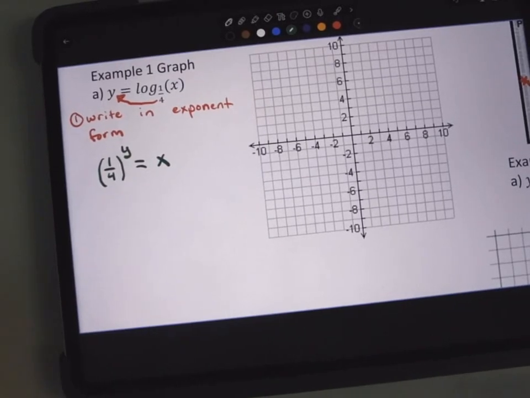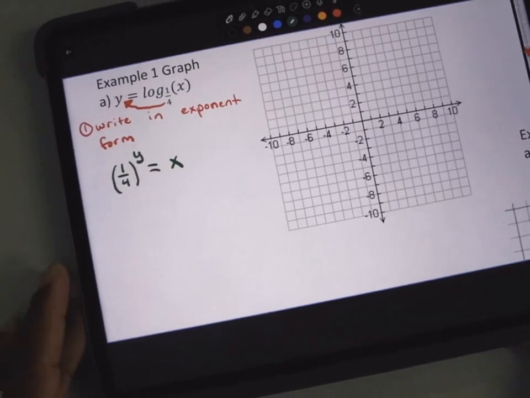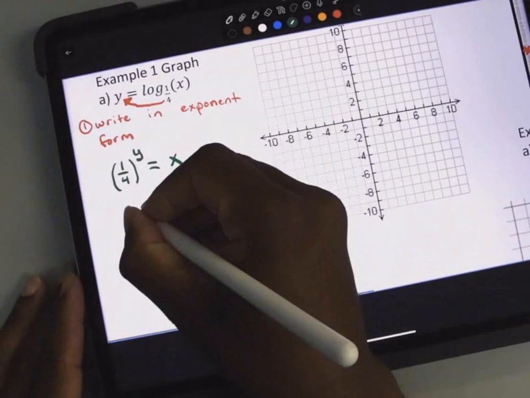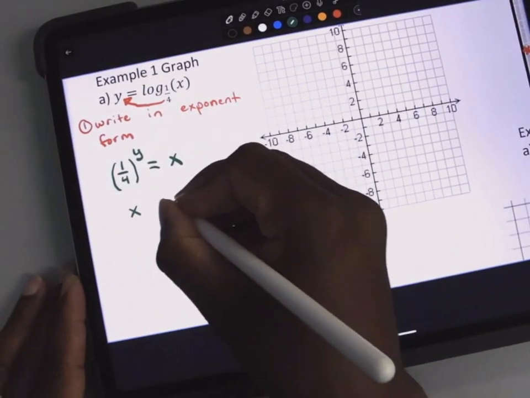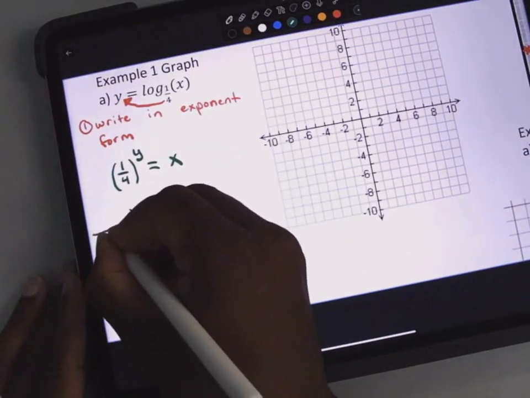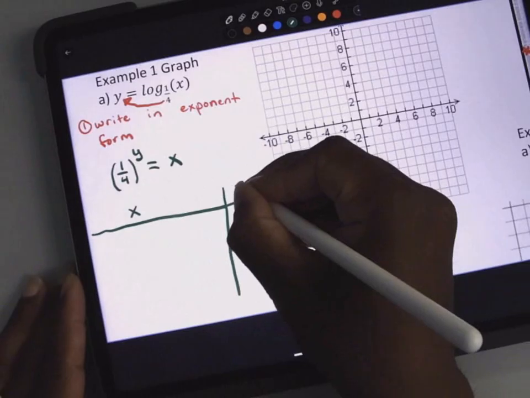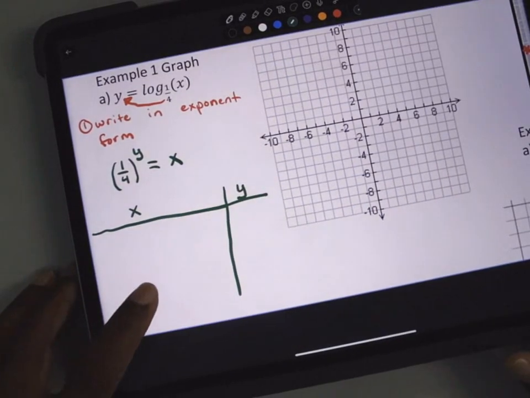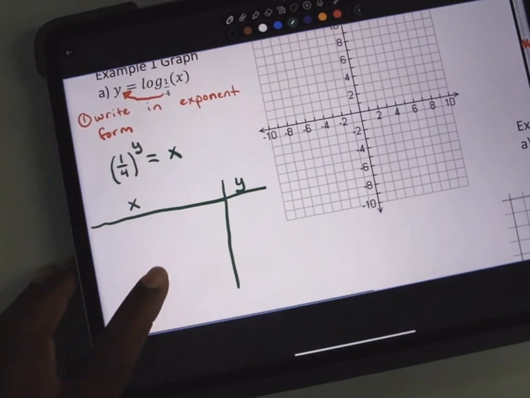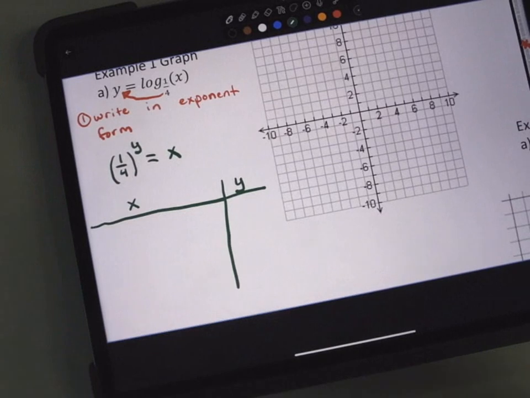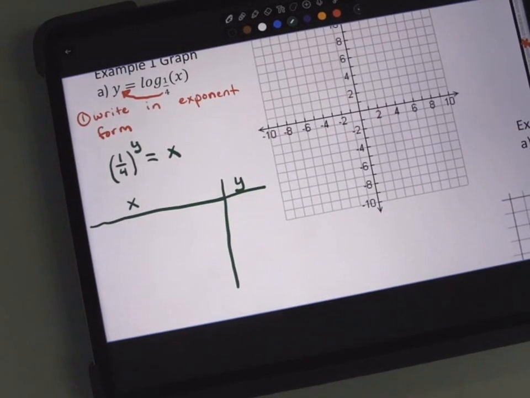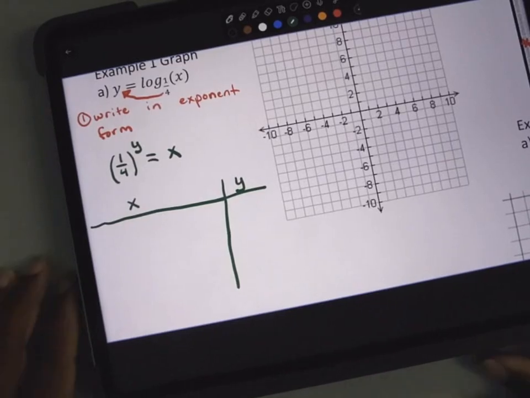Everybody okay? Okay. And then we got to choose some values to help us plot it. And we're going to do just like we did before. We're going to pick some y values and we're going to get out some x values. And we'll want to pick y values that are pretty close to 0, just because we don't want the numbers to get too big or to get decimals that are too small that make it hard to graph.